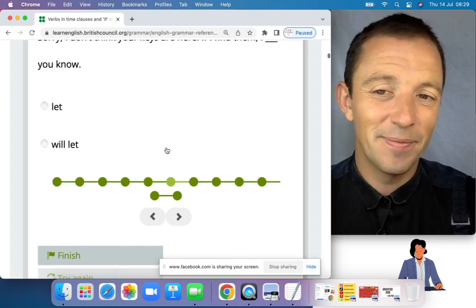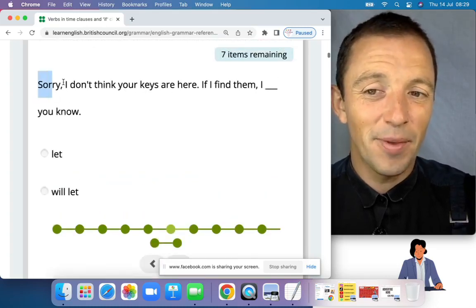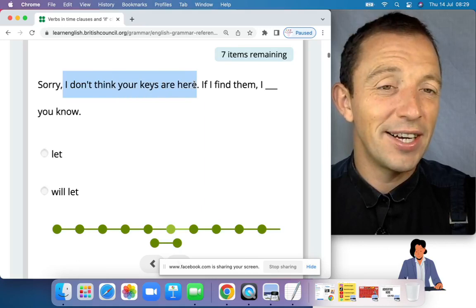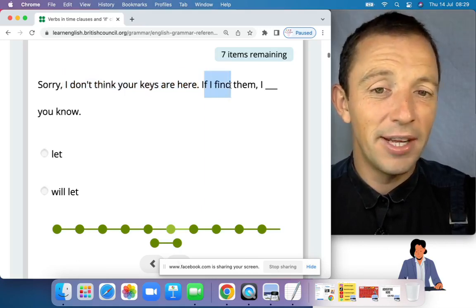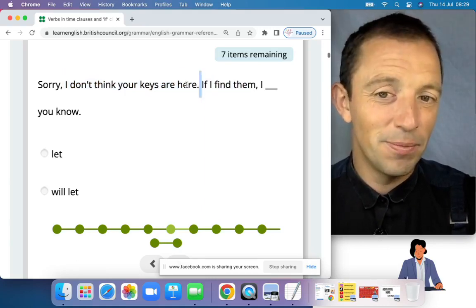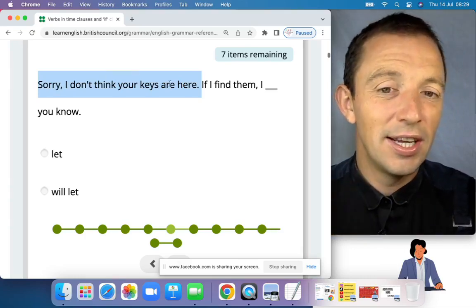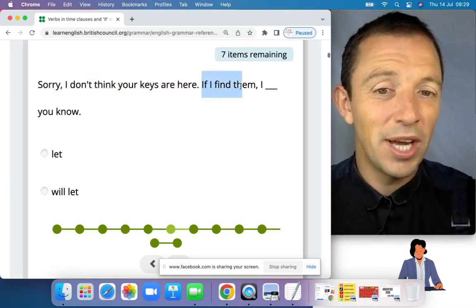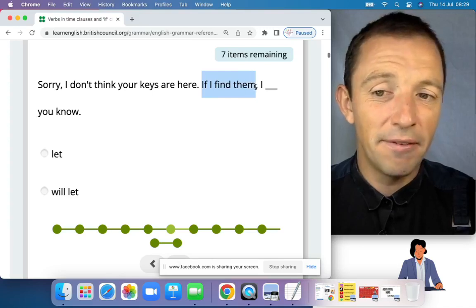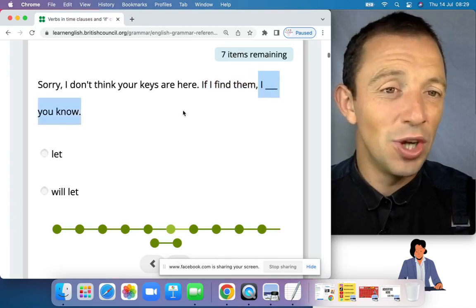Next. Sorry, I don't think your keys are here. If I find them. Okay, so the first part is not conditional. The second sentence, we have two clauses. If I find them and I let you know.